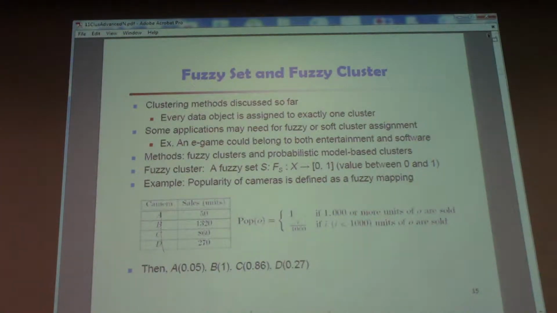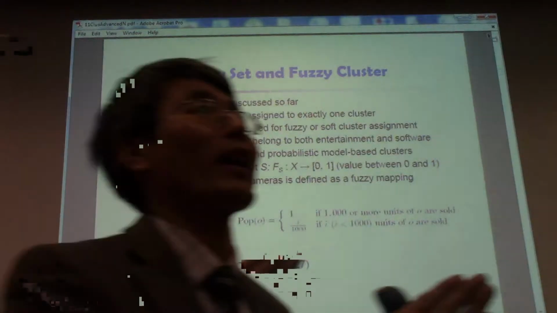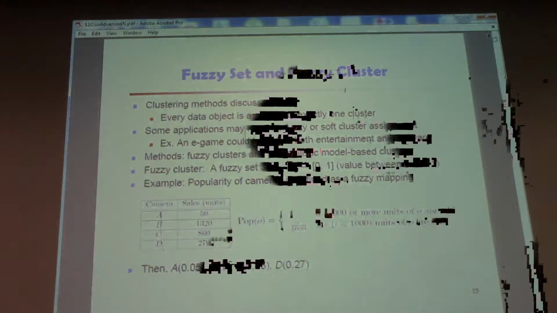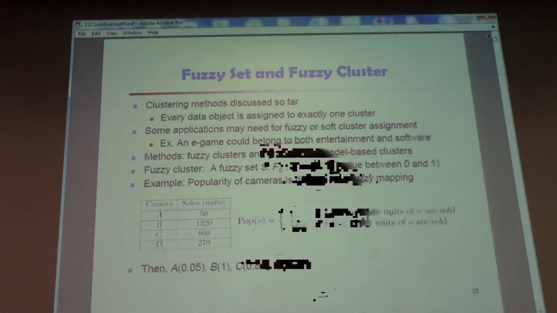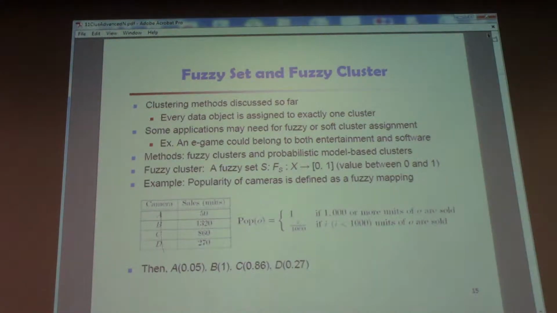Fuzzy means not clear. Confusing. So when we apply the k-means algorithm, ideally our expectation is two clusters.